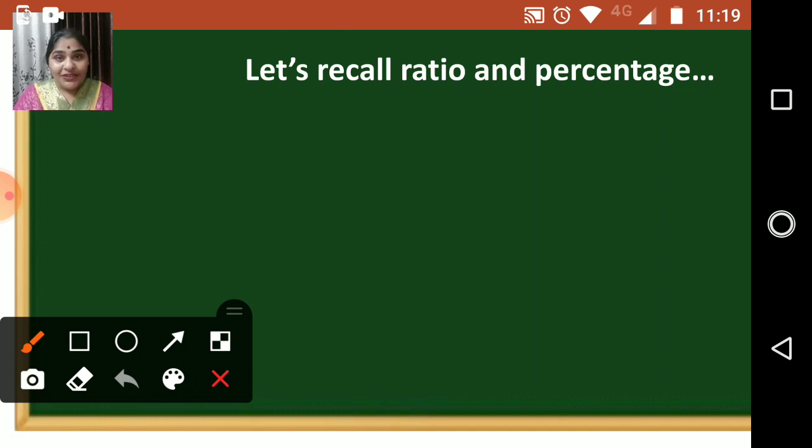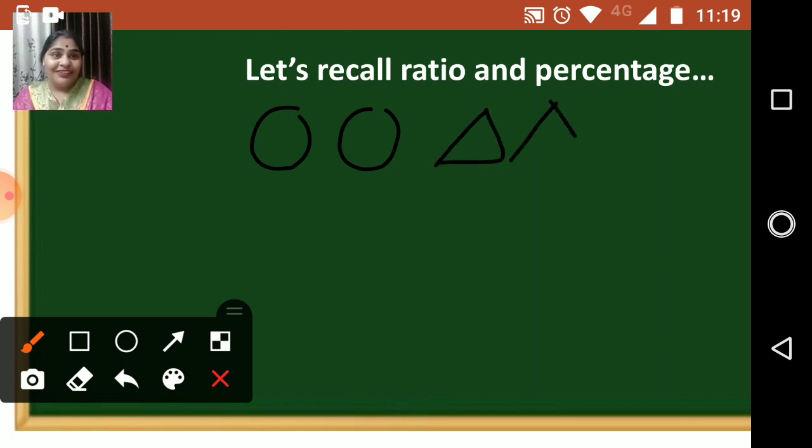So suppose I have two circles, right? And I have four triangles, right? And I'll tell you to write the ratio of triangles to circles, right? So how will you write, children? You will take triangles first, right?